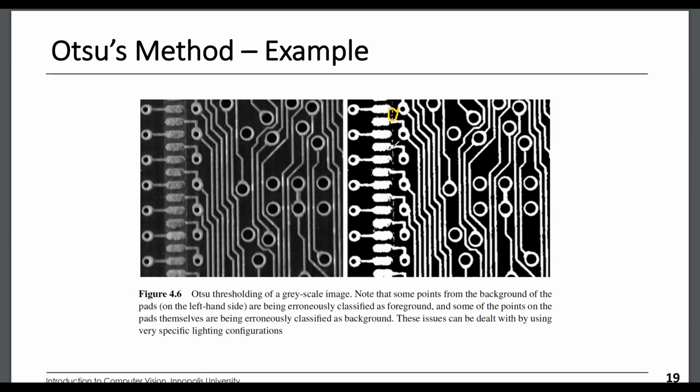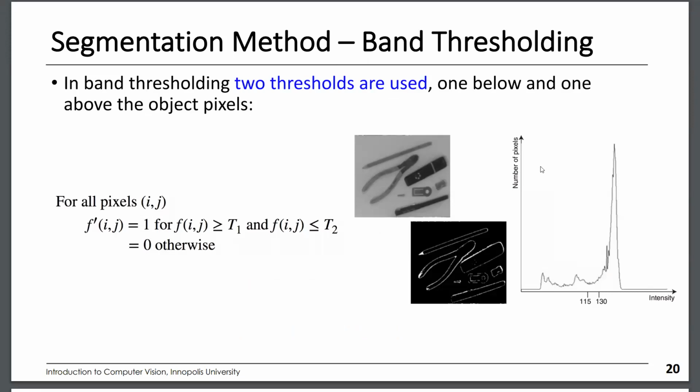And in the foreground, there are lots of holes which there shouldn't be. So this hole exists, but this tiny hole here does not exist. This is a problem of the algorithm.